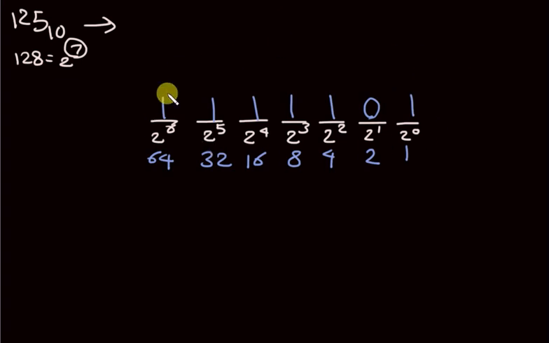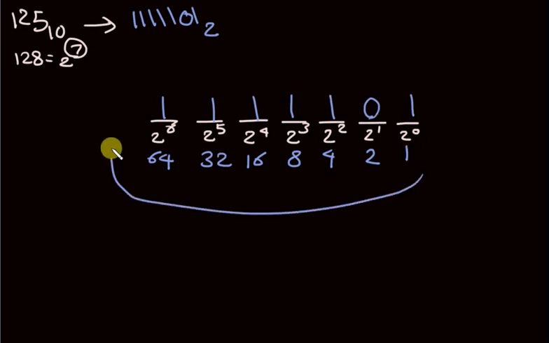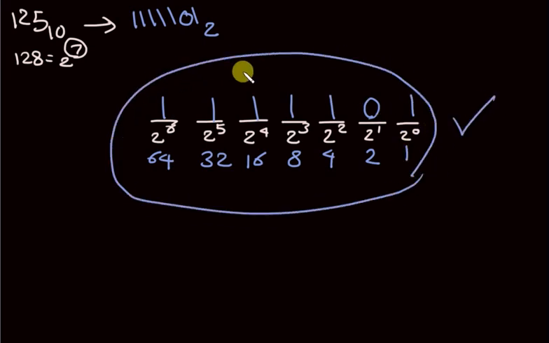This is exactly the same number that we got from the previous way. So this is my final number, 1111101. This is base 2, and this is already tested, so that means this way works too.